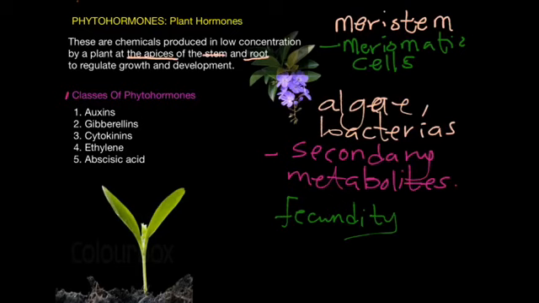Now, the early discoveries of plant hormones, or phytohormones, are grouped into five, and these are auxins, gibberellins, cytokinins, ethylene and abscisic acid. Now, these also are grouped into two main classes. Talking about the first three, we call them growth stimulators.